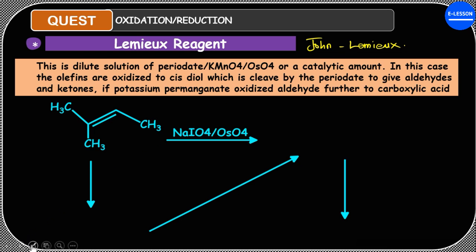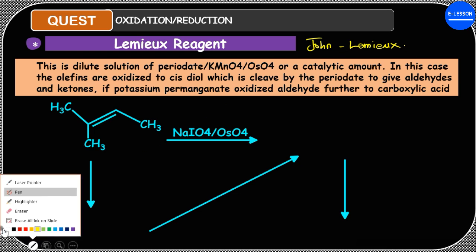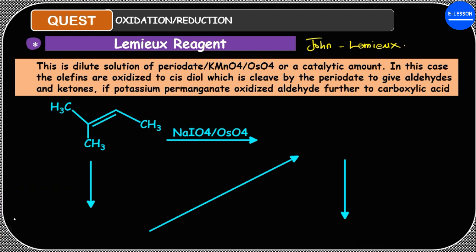Now, what is the reagent? What is the Lemieux reagent all about? The Lemieux reagent particularly is a mixture of periodate and osmium tetraoxide. It's a dilute solution of periodate and osmium tetraoxide. That is what the Lemieux reagent is. But in some of the reactions, KMnO4 is added to aid in further oxidation of the product that will be formed.